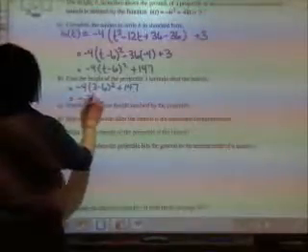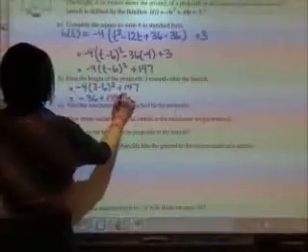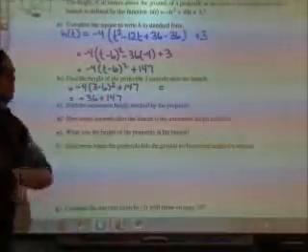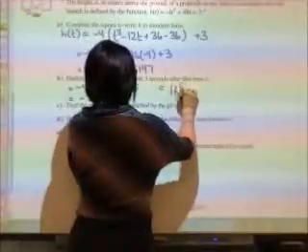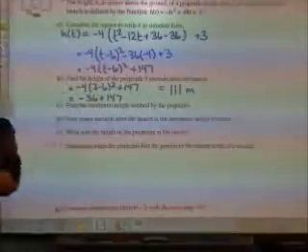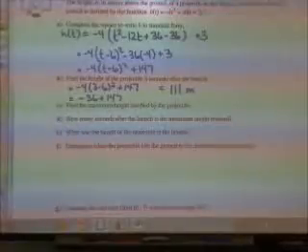So I now have negative 36 plus 147 equals what? And that's what we got in the last section. It was 111 meters after 3 seconds.